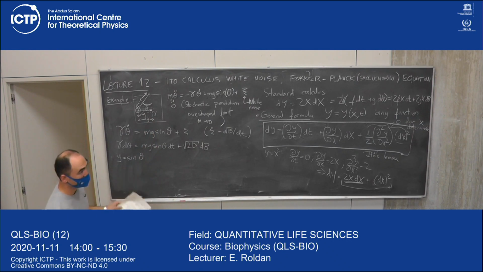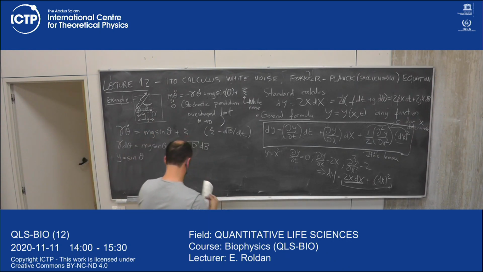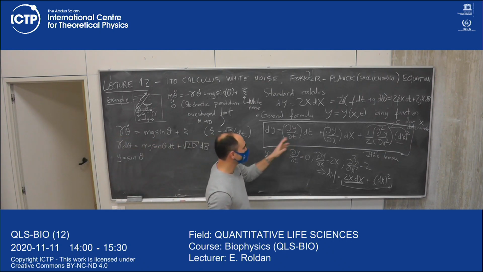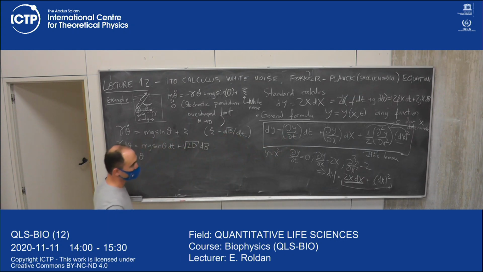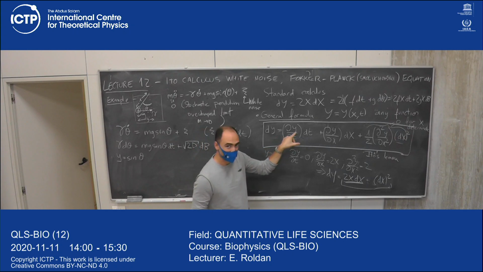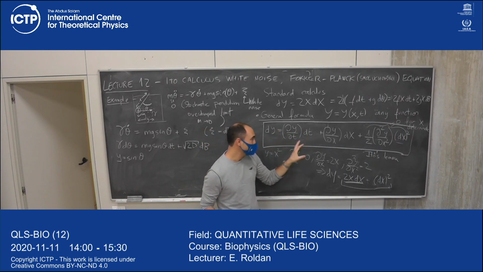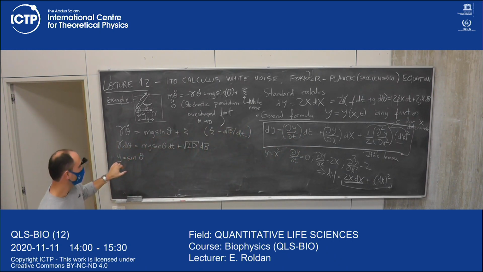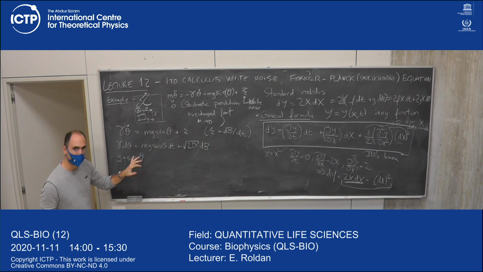And now I just have to apply these rules. So what I do is as follows. I will need the partial derivative with respect to time, which doesn't exist. This is 0. This is a partial derivative, remember. It appears only when there is an explicit time dependence. There is no explicit time dependency here. y depends on t, but through theta.